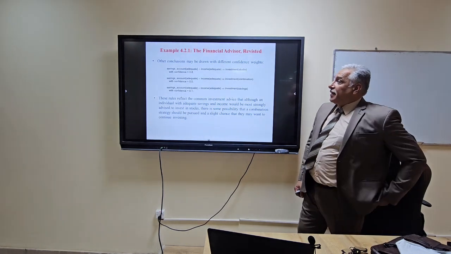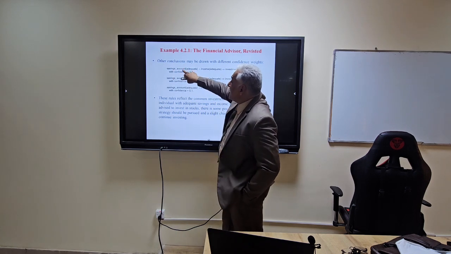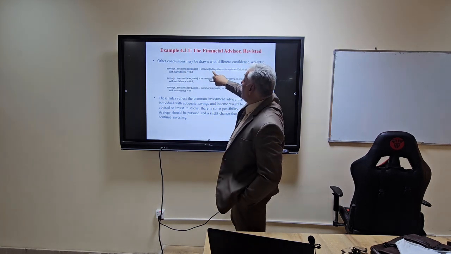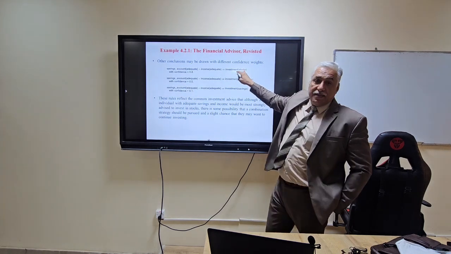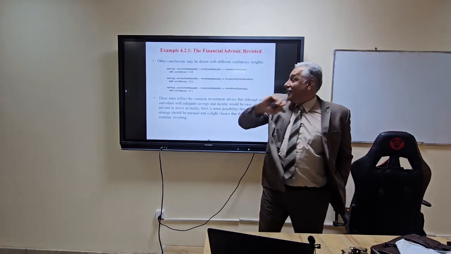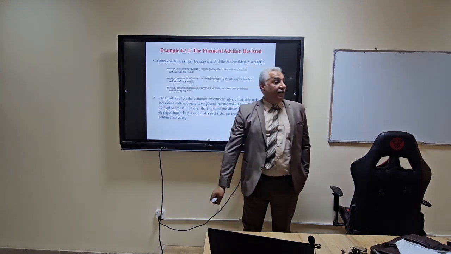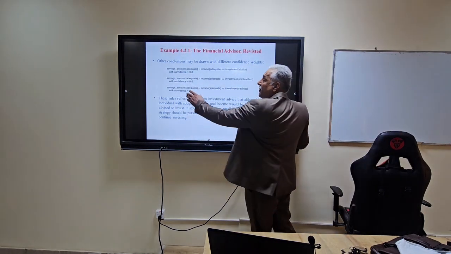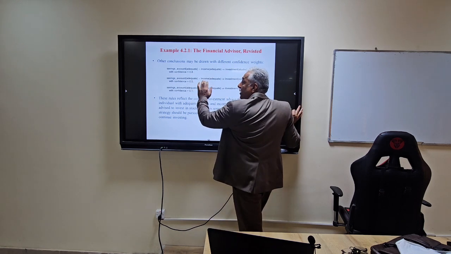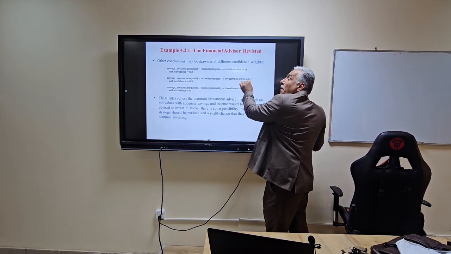Other conclusions may be drawn with different confidence weights. For example, saving account adequate and income inadequate implies investment in stocks with a certainty confidence of 0.8. And another rule, for example, saving account adequate and income adequate implies investment in a combination.